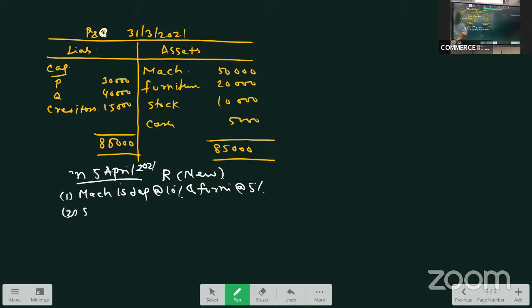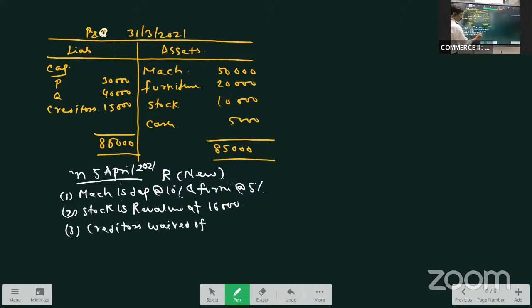Next, stock is revalued at 16,000 and creditors waived off rupees 3,000. I am taking only those adjustments which will reflect in revaluation account. So please go through this.